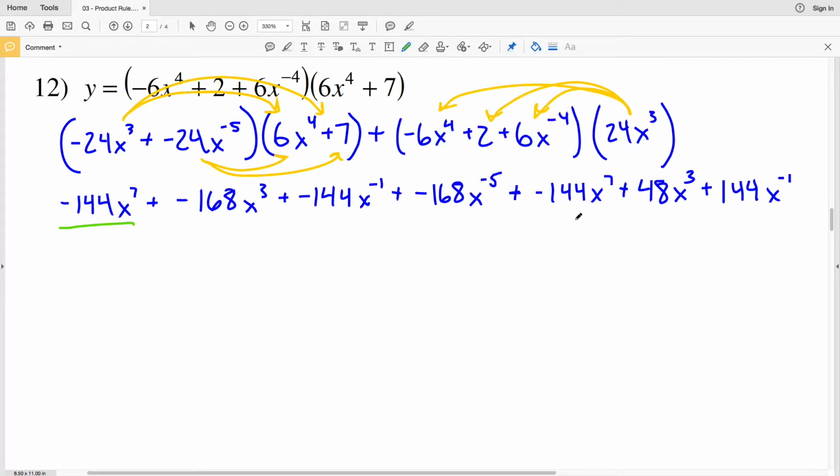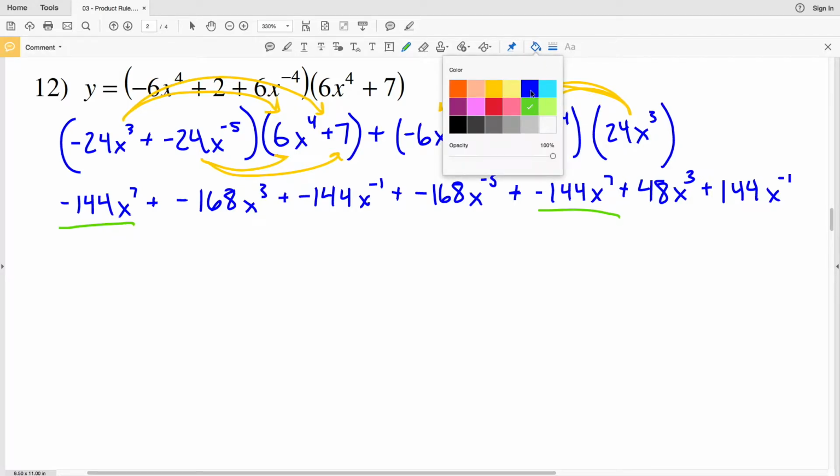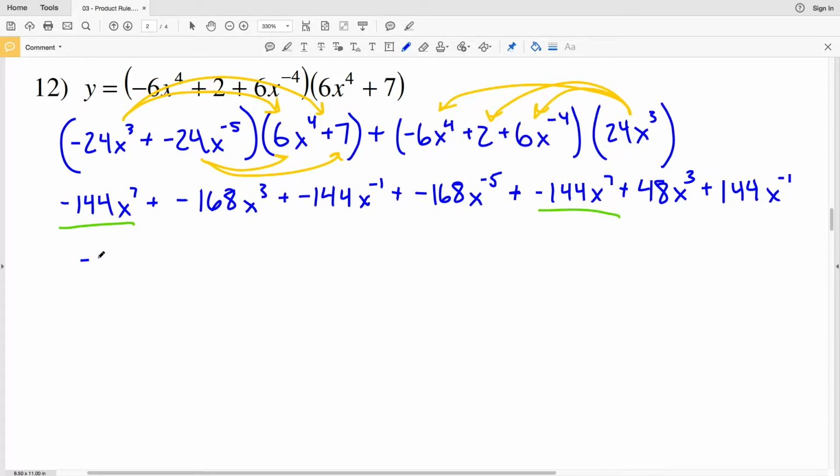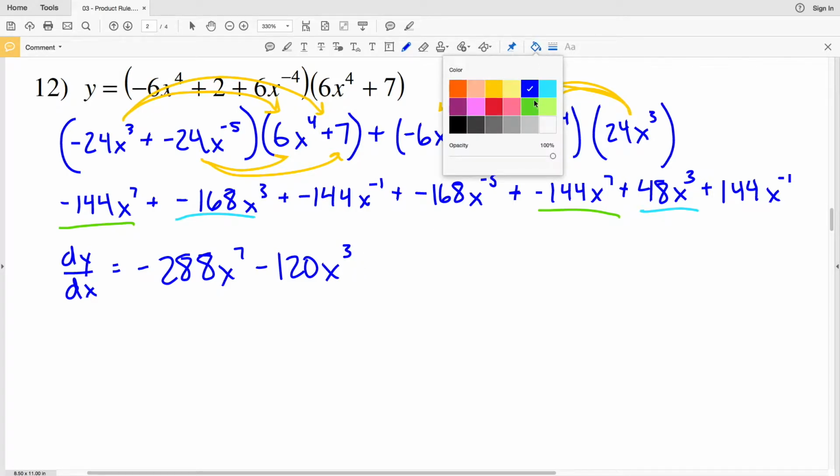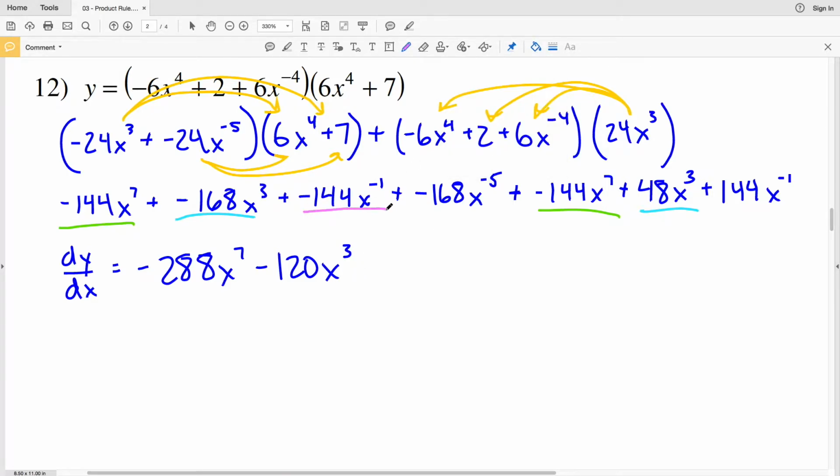Negative 144x to the seventh plus negative 144x to the seventh gives me negative 288x to the seventh. Then I can combine negative 168x to the third with 48x to the third to get a negative 120x to the third, so subtracting 120x to the third, and then you can see that negative 144x to the negative 1 plus 144x to the negative 1 will be 0, so those will cancel out.